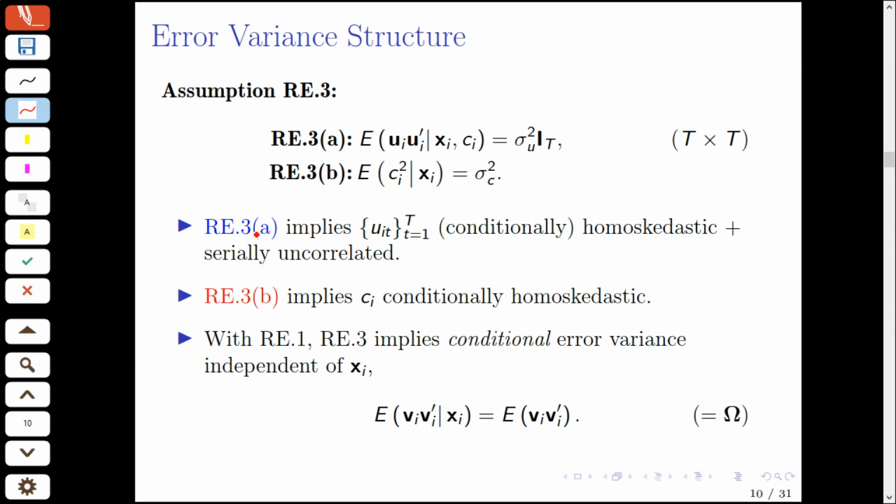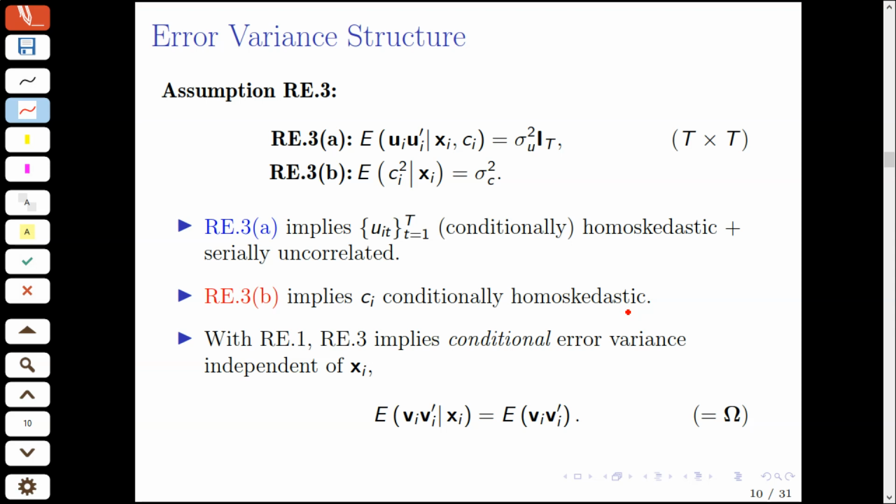Also, the idiosyncratic errors are uncorrelated over time. The second part is an assumption which we should be comfortable with from the cross-sectional case, in that it simply implies that the individual effect is conditionally homoscedastic. Its variance does not depend on the regressors.